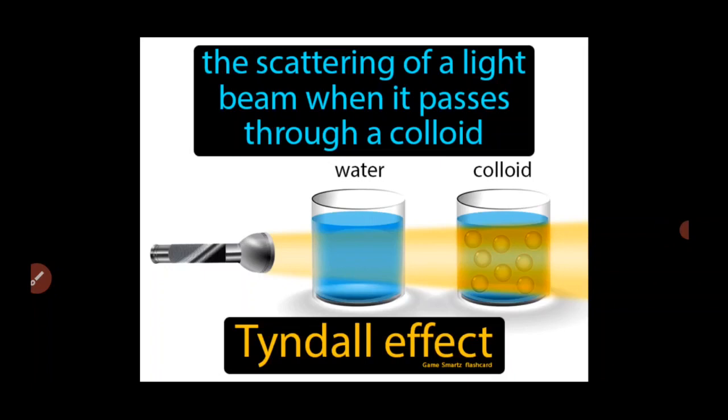But the second jar, which contains colloidal solution, scatters the light rays. This effect is known as Tyndall effect or Tyndall scattering. Examples of colloidal solutions are milk, mayonnaise, and ice cream.